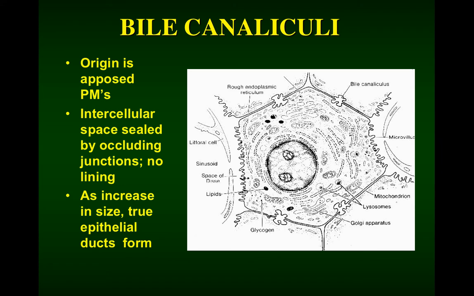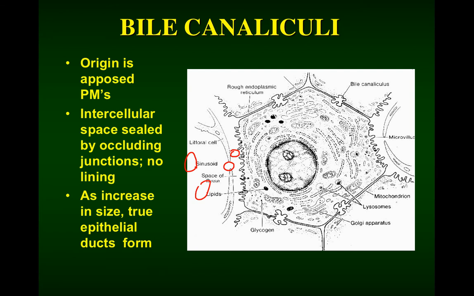So at the beginning here, this is the area of the sinusoid, and you can see the area of the fenestration and the area of the microvilli. The blood cells will be found in this area for maximum contact.